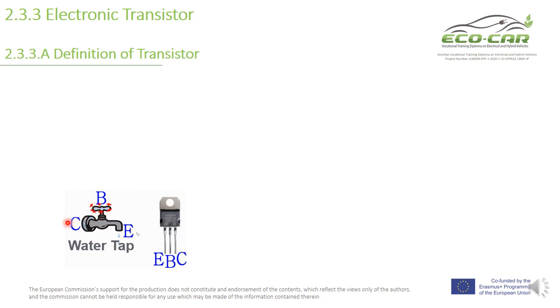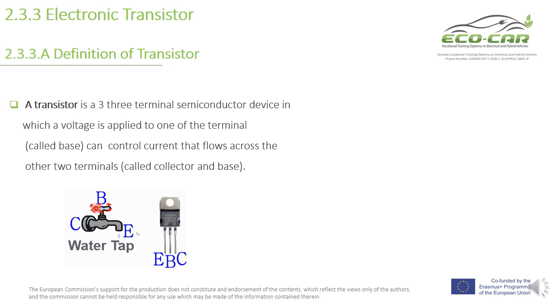So it's like a valve, like a switch, but there is a controller of this switch. The transistor looks like this electronic transistor. You see there are three terminals, like the water tap's in, out, and the control part of the water tap. So a transistor is a three-terminal semiconductor.